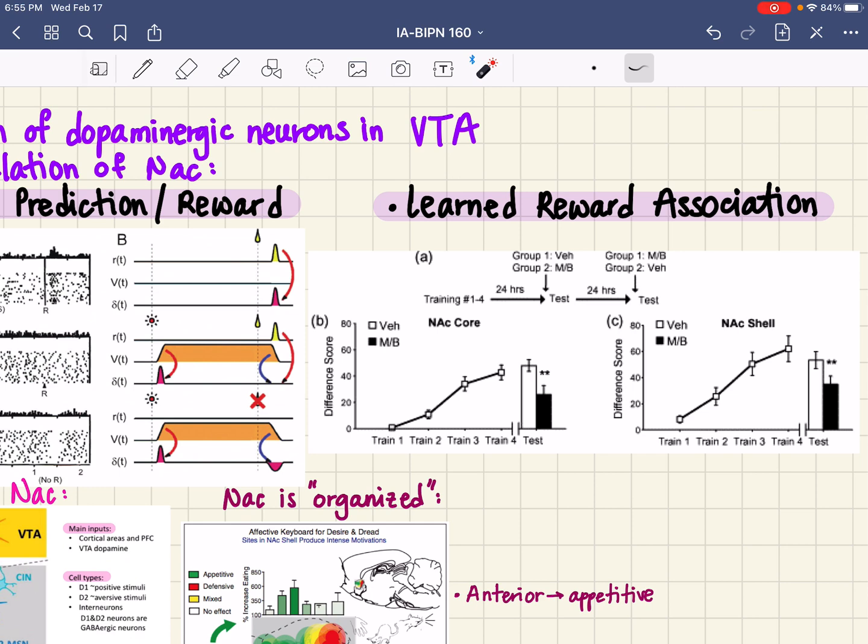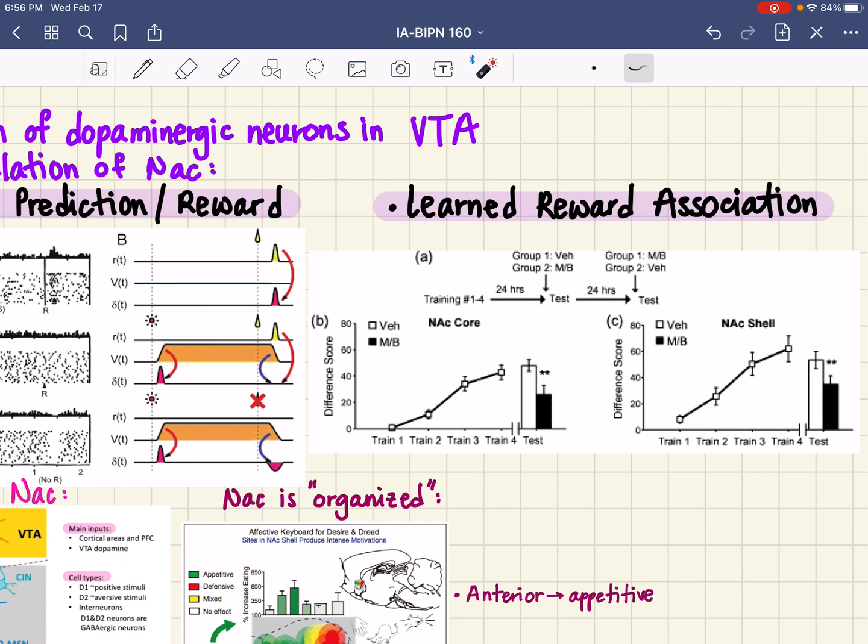However, when they lesioned the VTA, when they lesioned the nucleus accumbens, meaning there was nowhere where the dopamine could arrive to from the VTA, then they saw a big decline in the mouse's ability of doing the task that they taught it to do.